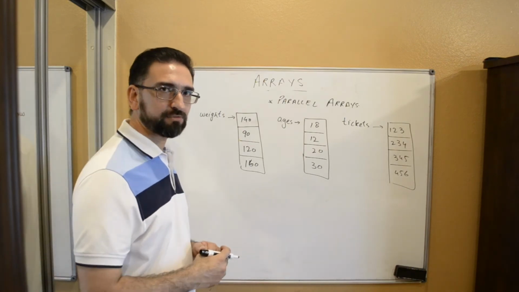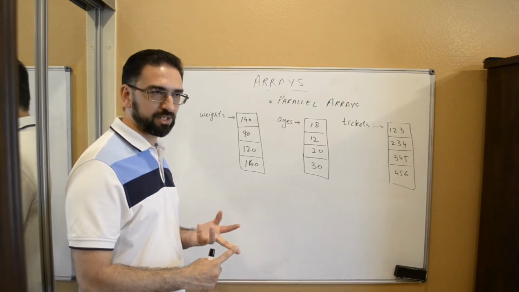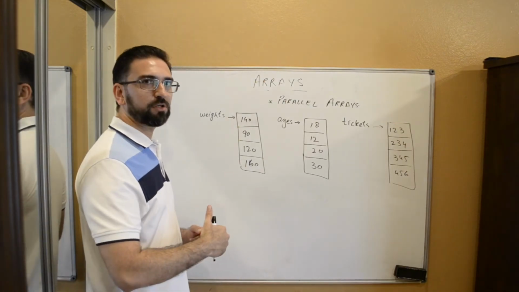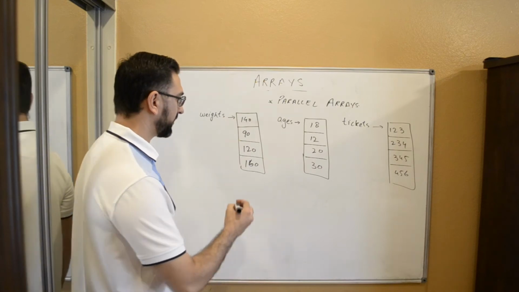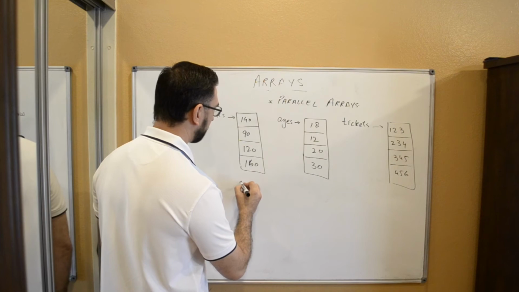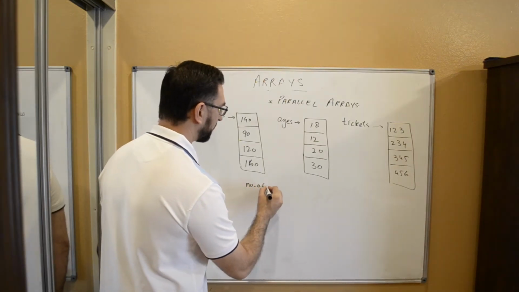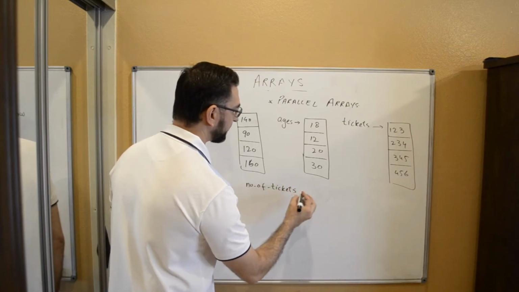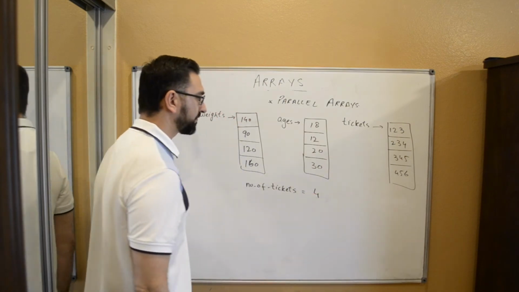Let's suppose at the end of the day we want to generate the ticket numbers, the age of the rider, and the weight of the rider, so that we have a report of which ticket was generated for which rider. A while loop can help us in this case as well. As we have seen before, we know the size of the array, so let's just call it number of tickets, equal to the size of the array, which is 4 in this case.